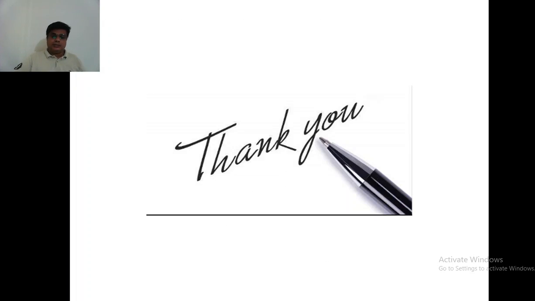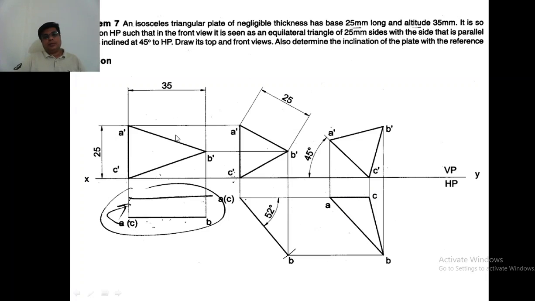So like this, you try to practice all the problems given in the solution book of VTU. There are 50 problems on planes. So based on what I have explained until now, use those factors, use those points, and understand the problem, and follow the same procedure that I have told you in the previous sessions, and try to solve the given problems, that is, try to draw the final front view and top view.